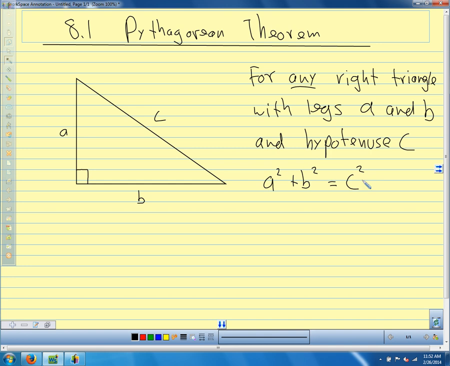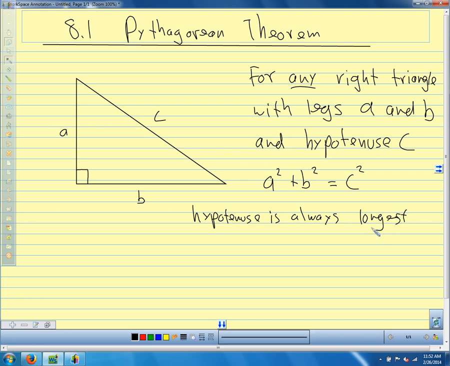The hypotenuse of a right triangle is always the longest side, so to be able to pick it out, our hypotenuse is always the longest.